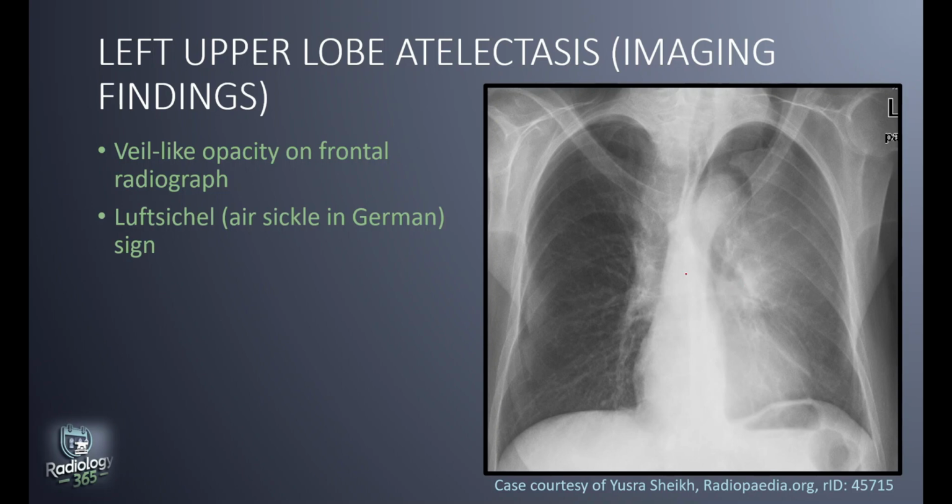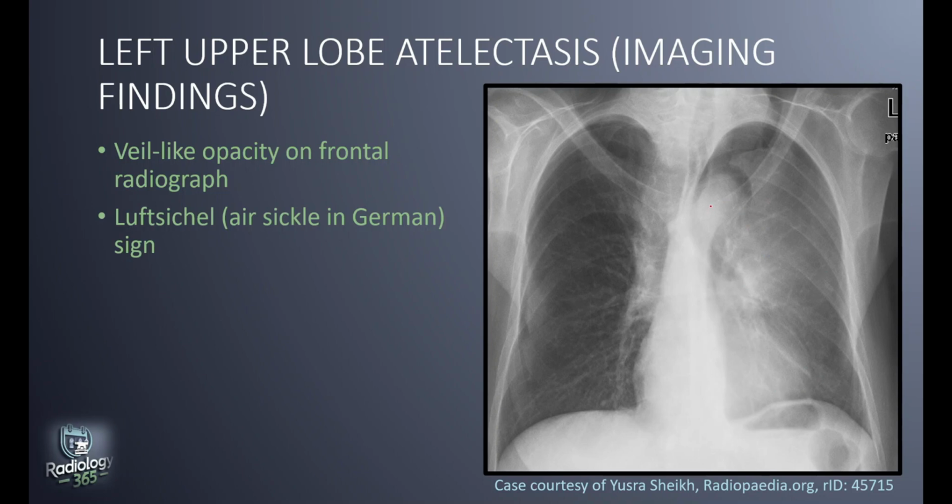So first and foremost, right off the bat, you can observe that the opacities of these two hemithoraces are not the same. The left hemithorax just appears slightly more opaque than the right hemithorax. That's the veil-like opacity we're talking about.